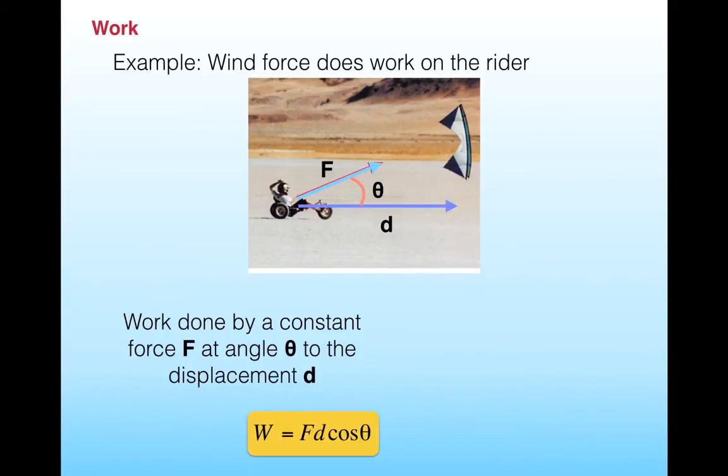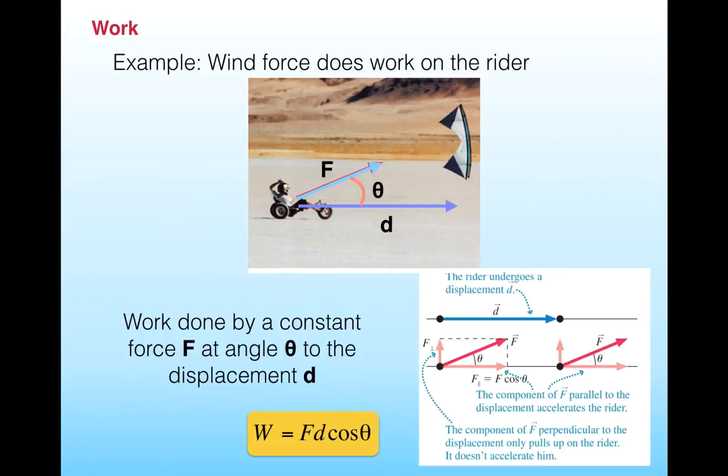And so we can figure this out, because the horizontal part of that force is actually F cosine theta, so that means the work in this case is equal to F times d times cosine theta. And just to be a little bit clearer about that, again, you can break down this force component into a vertical and a horizontal.